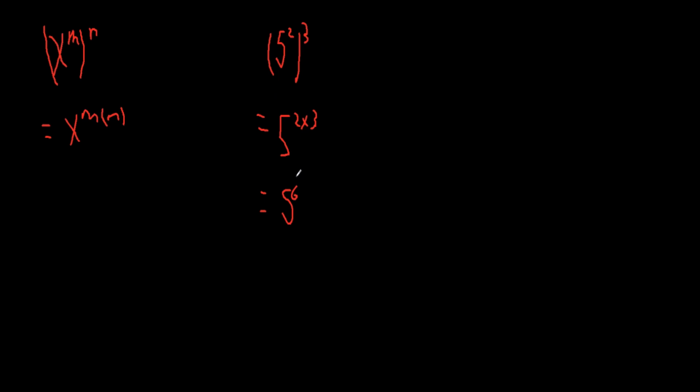And to understand why this works, we have to write this out in expanded form. So that gives us 5 squared times 5 squared times 5 squared. And to further expand this, it's actually just like what we did with our first power law.